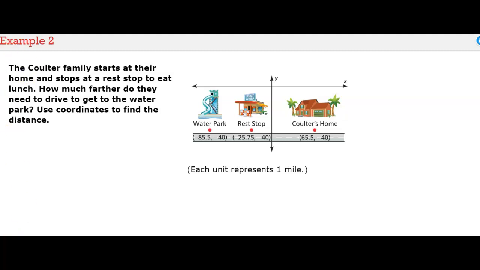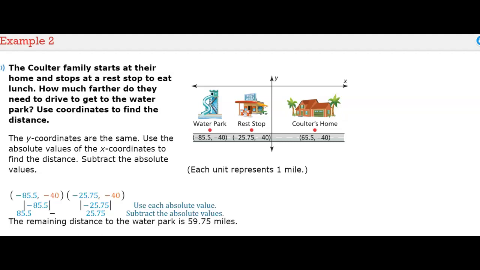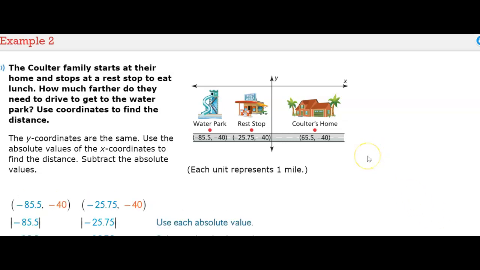The Coulter family starts at their home and stops at a rest stop to eat lunch. How much farther do they need to drive to get to the water park? Use coordinates to find the distance. So the y-coordinates are the same for these two.